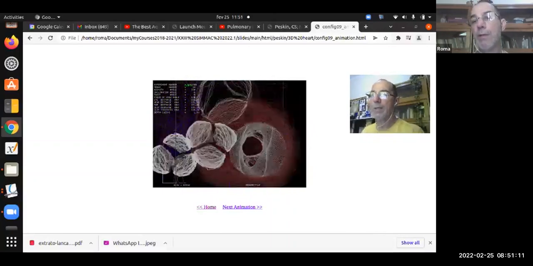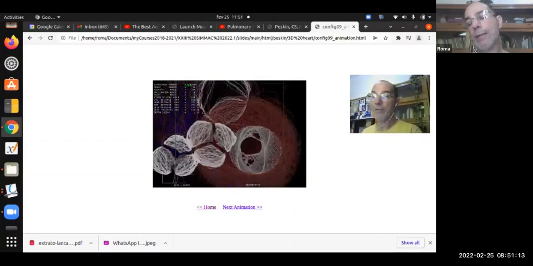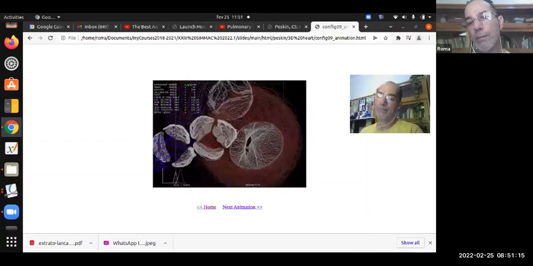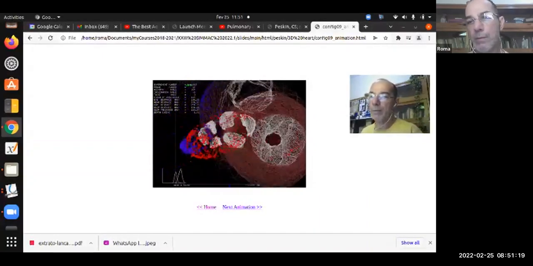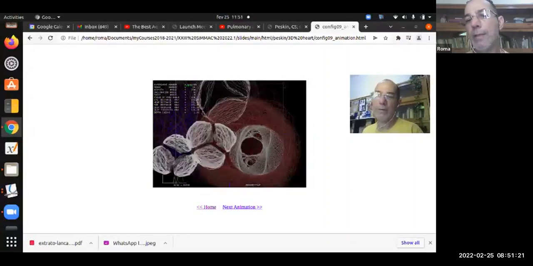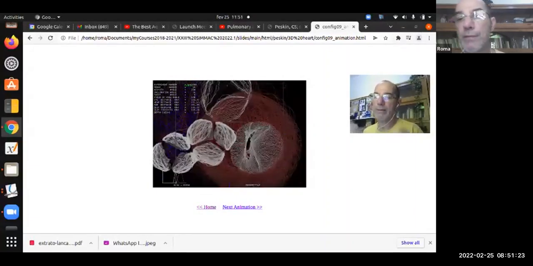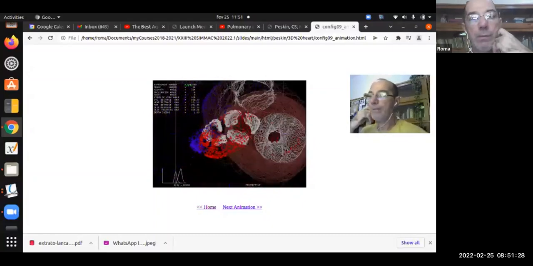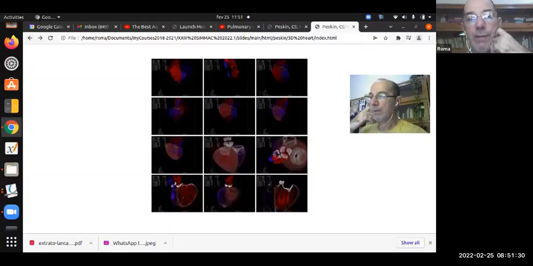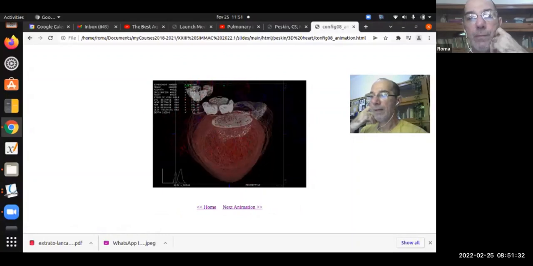So this is three-dimensional, and you can see the heart pumping, and it's a very old model already, and there is newer work they are doing, okay? So just to have a different angle.